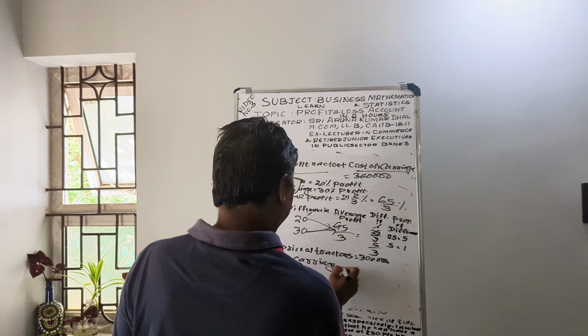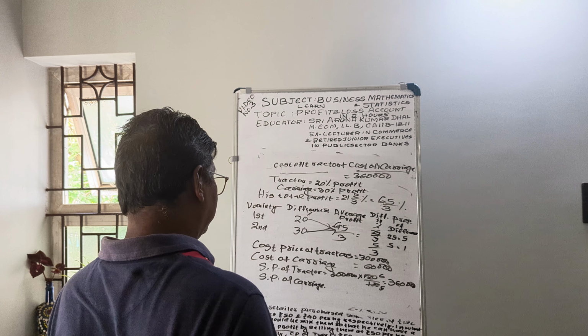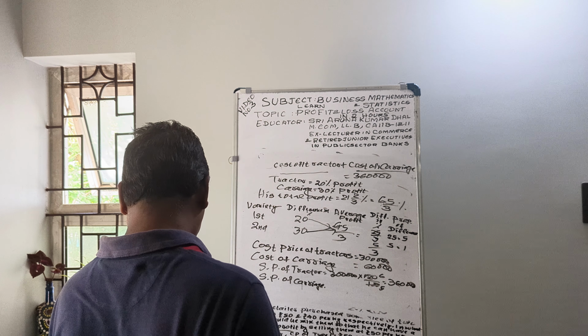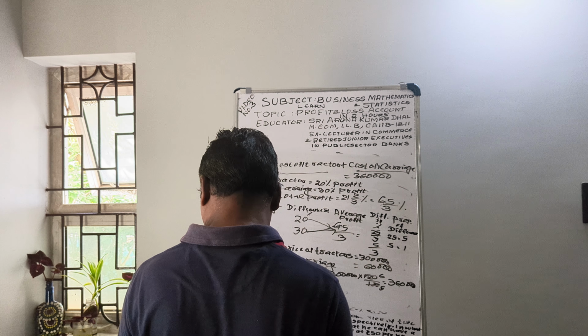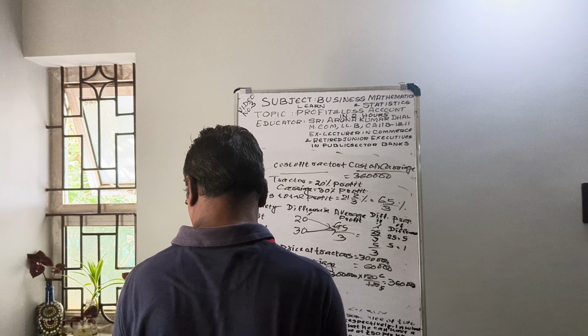Then the sales price of carriage: the cost price of carriage is 60,000 and it is sold at a profit of 30%, 130 by 100.